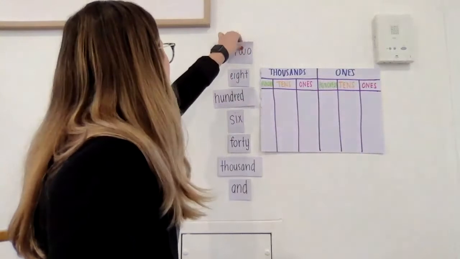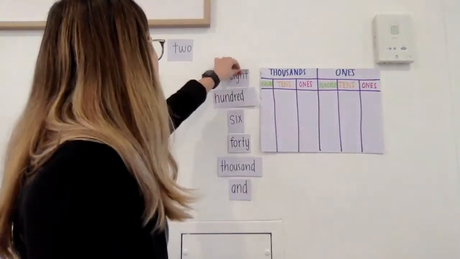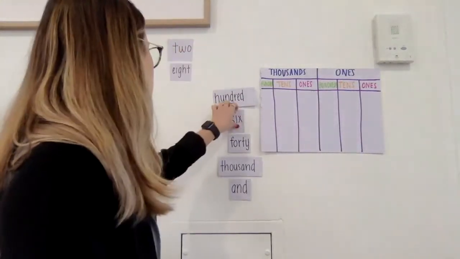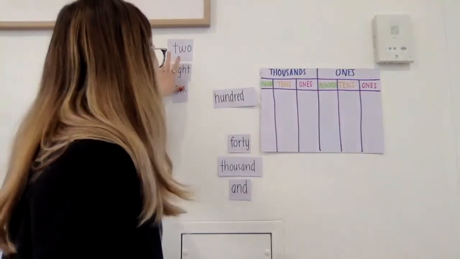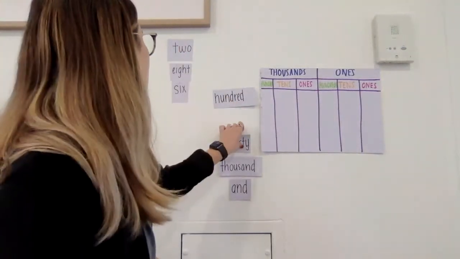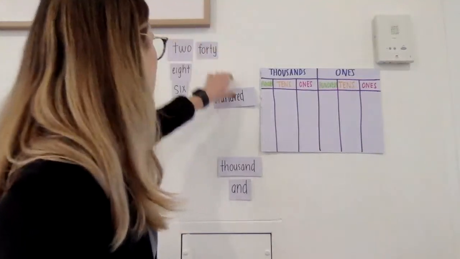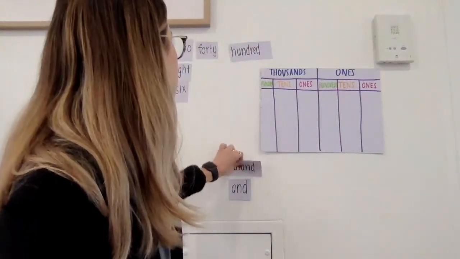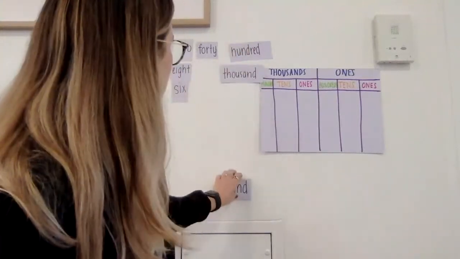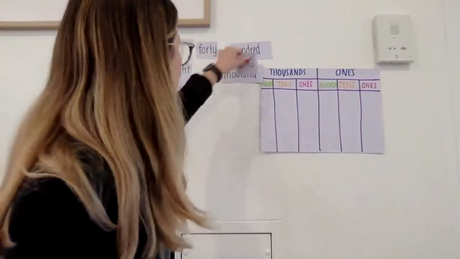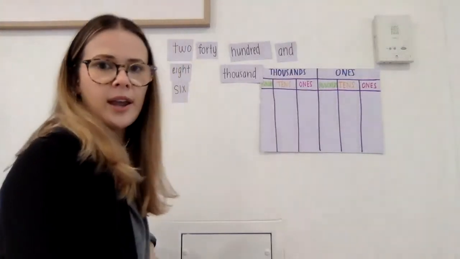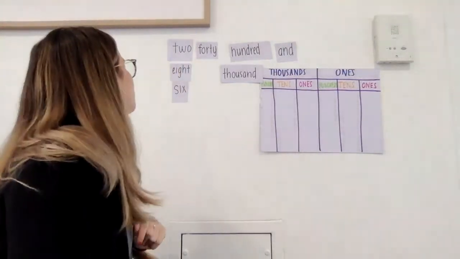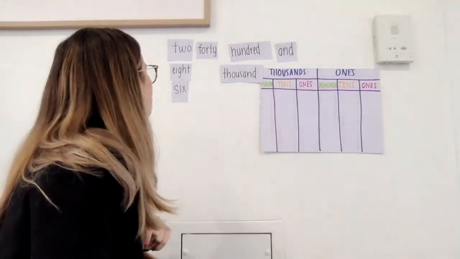I'm going to think about having my single numbers, so 2, 8, and 6. I've got 40 in the tens place. I've got 100, 1,000, and over there. Okay, so now I'm going to think about creating a number.